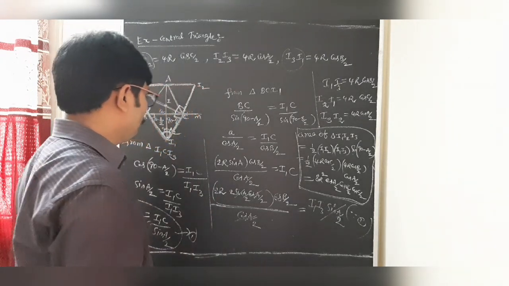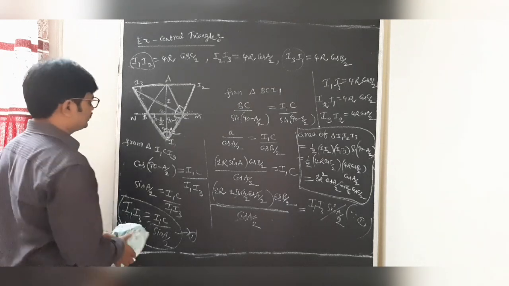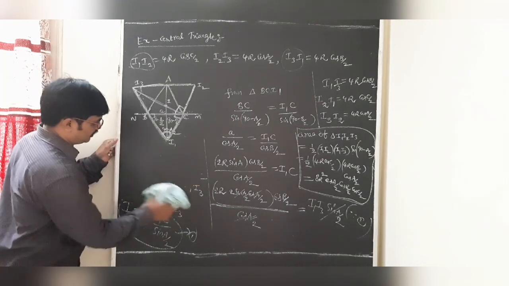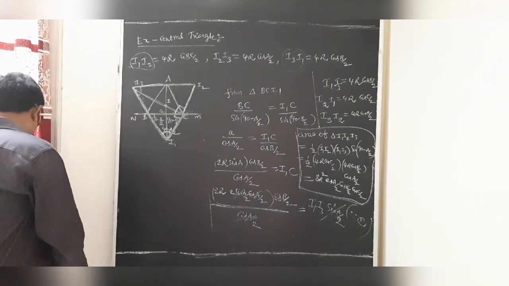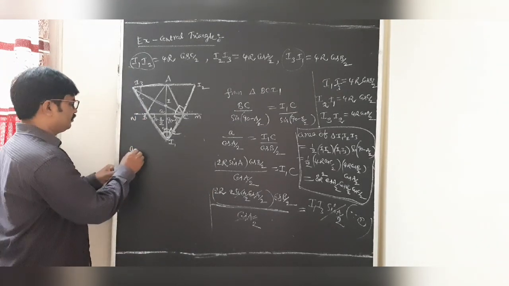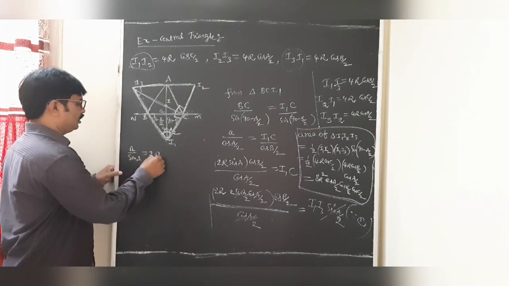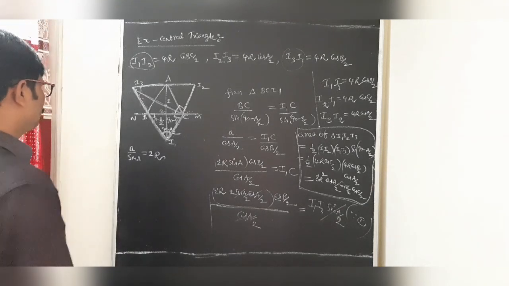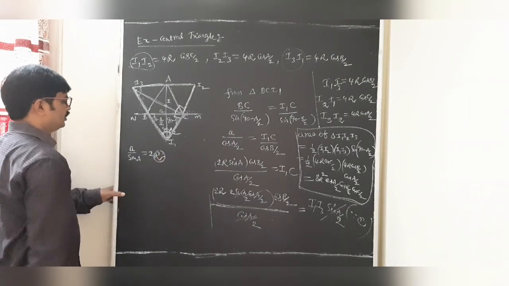Now students, we have to find the circumradius. Now we find the circumradius of the excentral triangle. In general we know that A by sin A equals 2R, B by sin B equals 2R. My dear students, when we are taking the radius R, how to write?